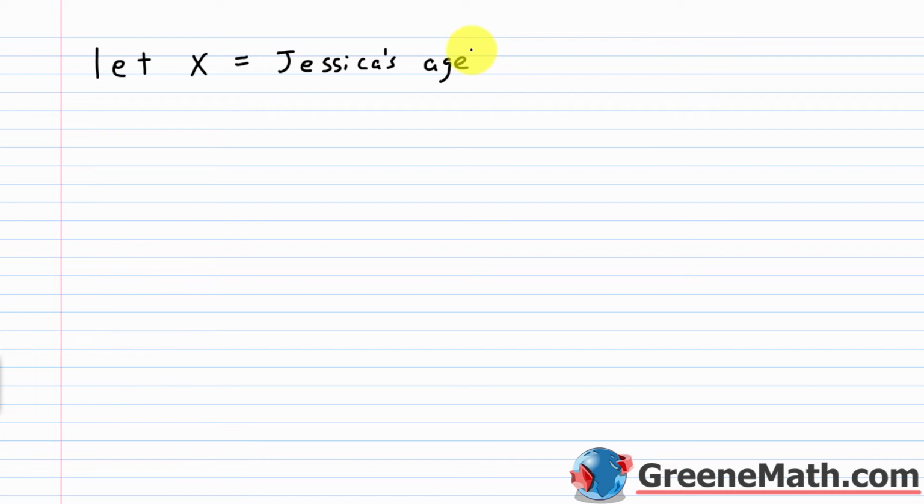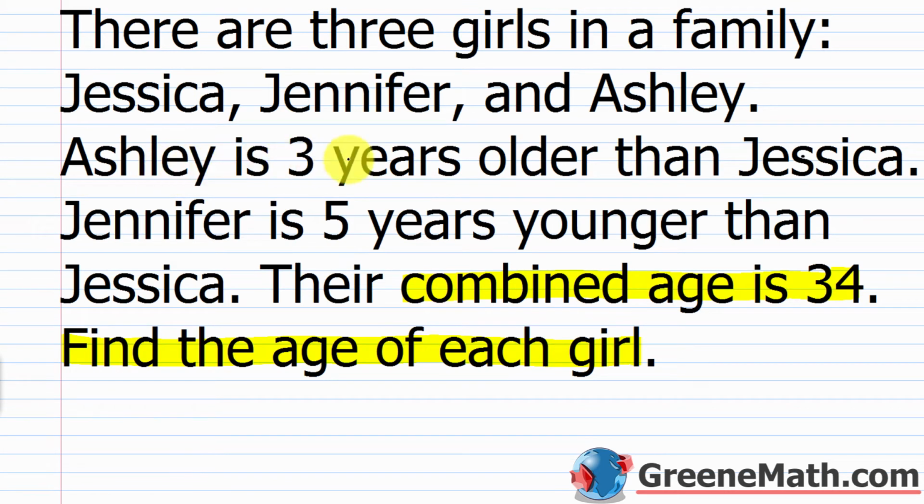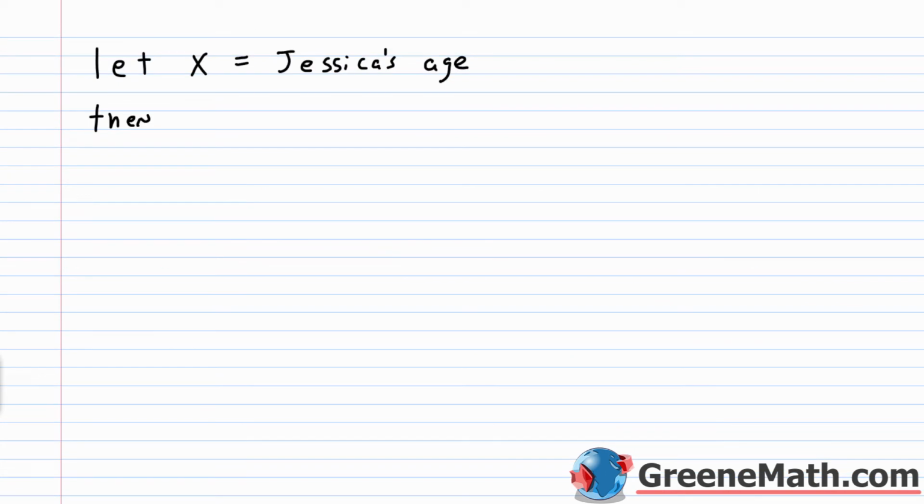Now, I can express the other girls' ages in terms of this variable X. So I can say then, for Ashley, we're told that Ashley is 3 years older than Jessica. So if she's 3 years older than Jessica, and Jessica's age is X, well then X, again, Jessica's age, plus 3 is going to equal Ashley's age. And then what about Jennifer?